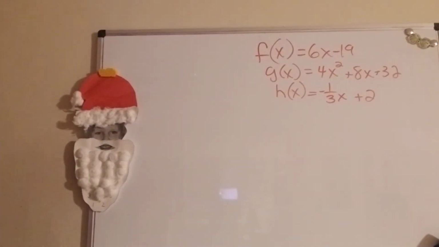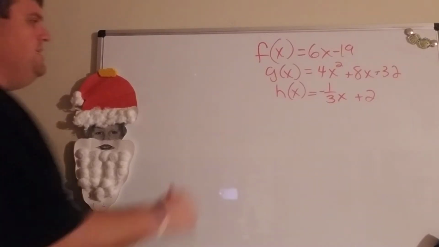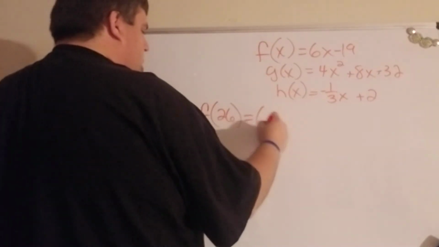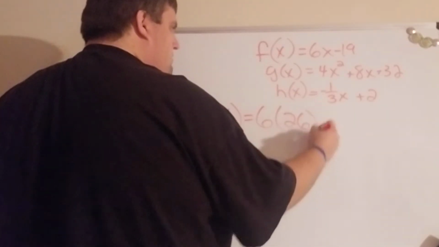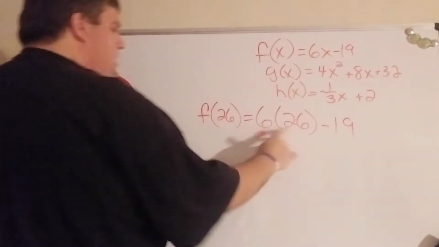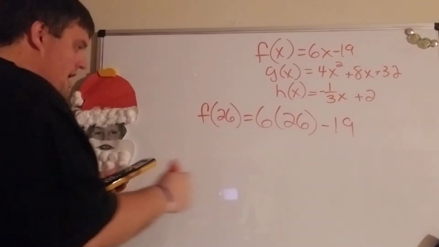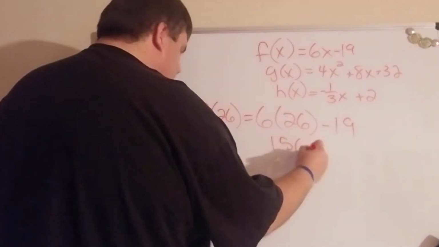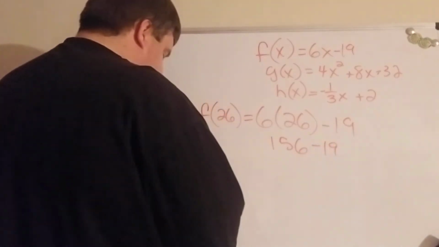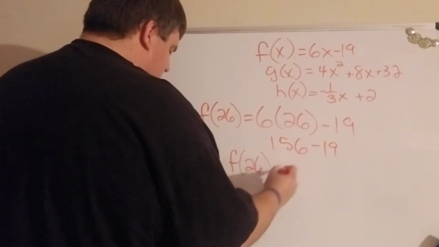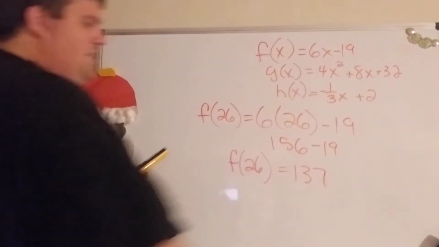What else do we need? f of 26. So we're going to go 6 times 26. And that gives me 156 minus 19. And f of 26 should give me 137.